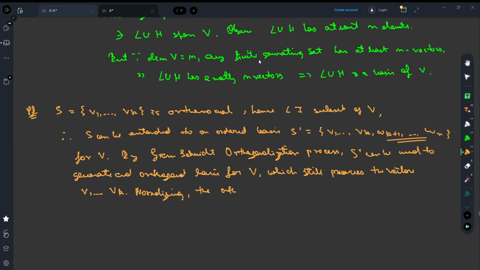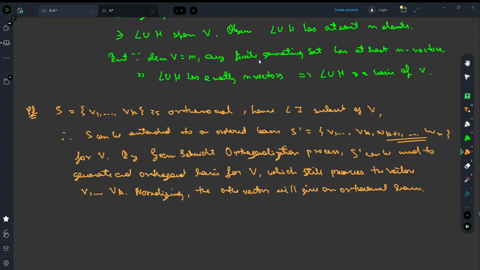Normalizing. Now V1 till Vk are already orthonormal. So normalizing the other vectors will give an orthonormal basis, right?